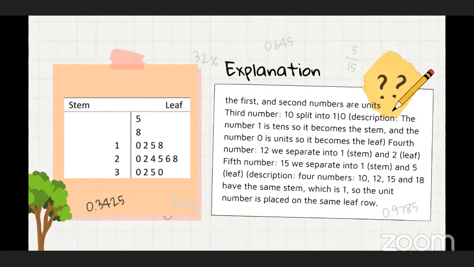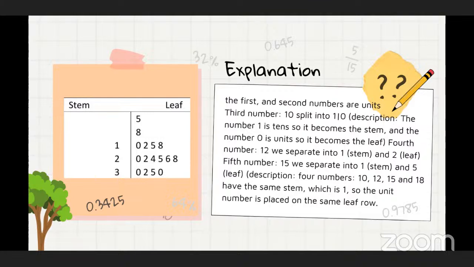The fourth number is 12, and we split it into 1, the stem, and 2 for the leaf. For the fifth number, 15, we split it into 1 for the stem, and then 5 for the leaf. The numbers 10, 12, 15, and 18 have the same stem, which is 1, so the unit digits are placed on the same leaf row.